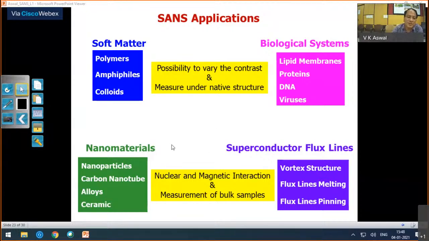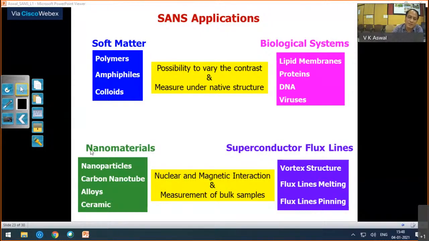And then other systems studied by small angle neutron scattering are nanomaterials, such as nanoparticles, carbon nanotubes, alloys, and ceramics. Also, one field which is widely studied only by small angle neutron scattering is looking at vortex structures, flux line melting, flux line thinning.